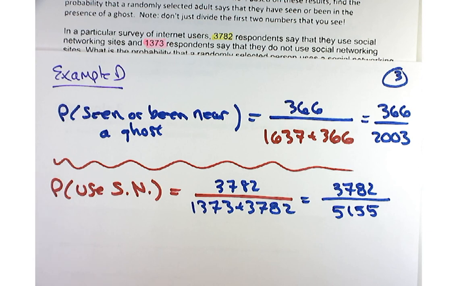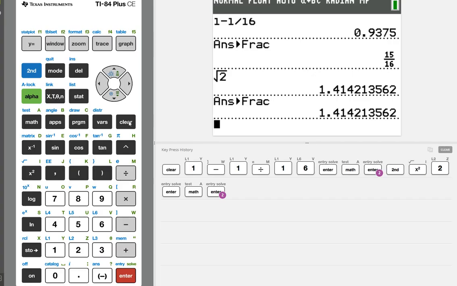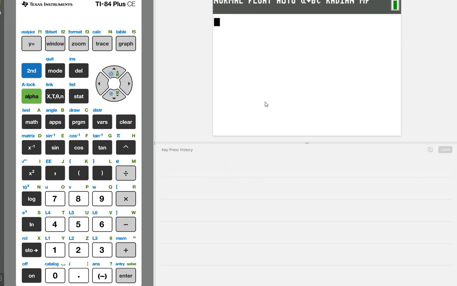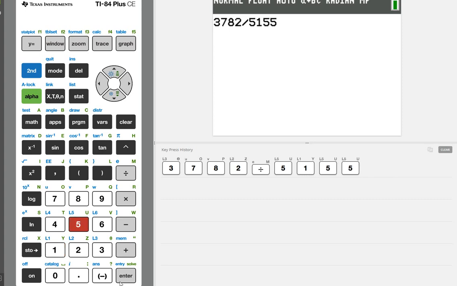Generally speaking, I'm happiest when you give me fractions, because people make mistakes calculating things and rounding things. You can, if you want, give me your percentage there. So 3,782 divided by 5,155. And where I care about it, I'll tell you how many digits I want things rounded to.